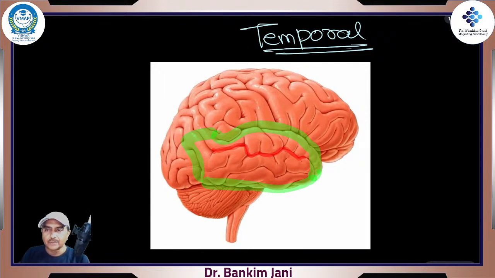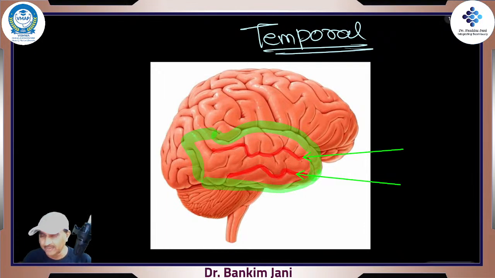So what name should we give? No complicated names, very simple names we'll give. One is superior, one is inferior, and they are part of the temporal lobe.